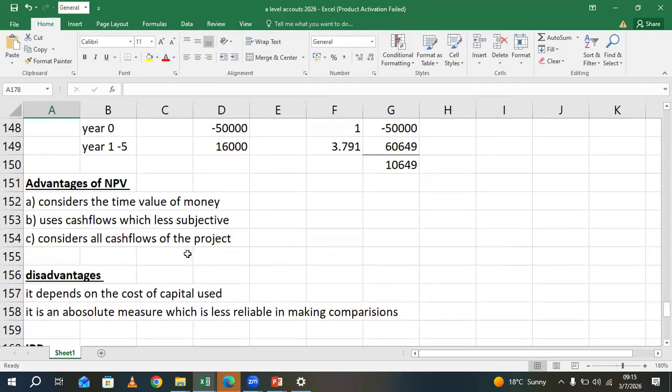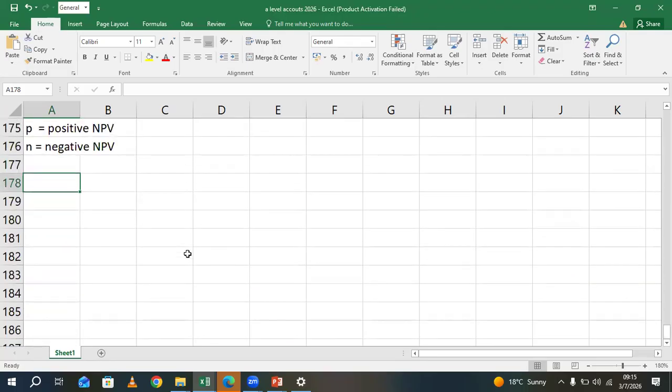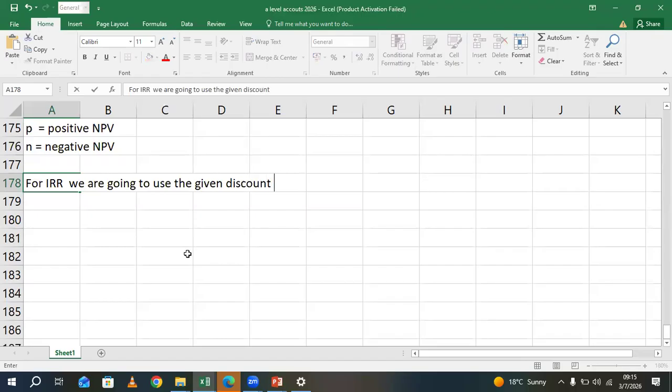So for IRR, we are going to use the given discount rate, the given cost of capital, and another cost of capital to calculate the net present value.